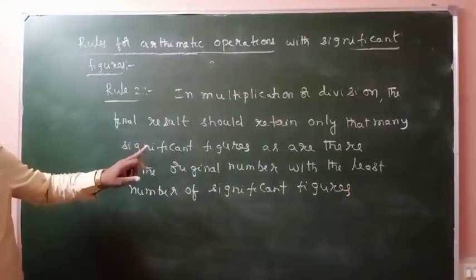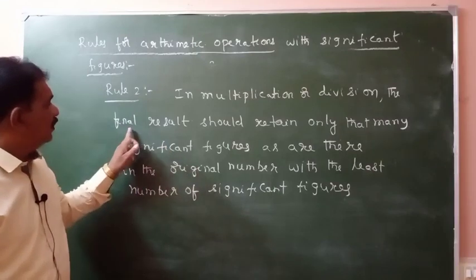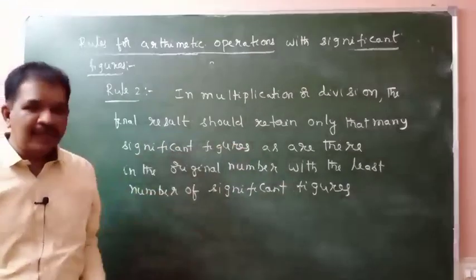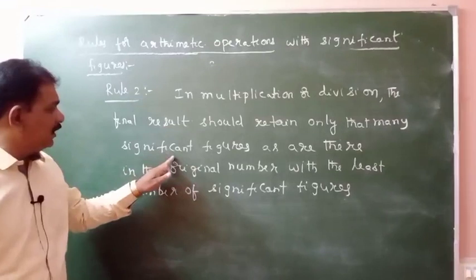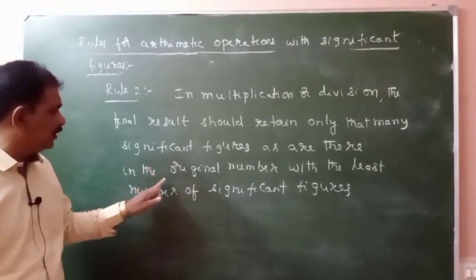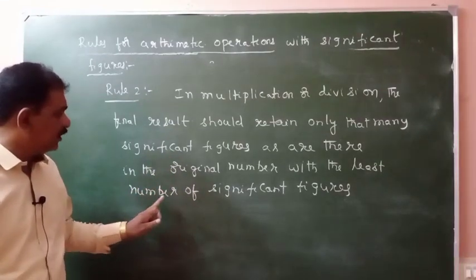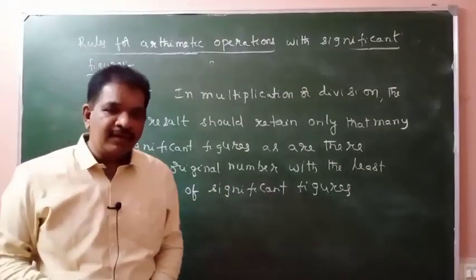In multiplication or in division, the final result should retain only that many significant figures as are there in the original number with the least number of significant figures.